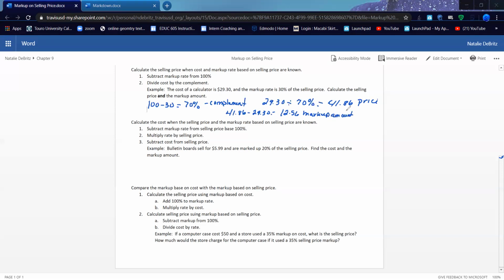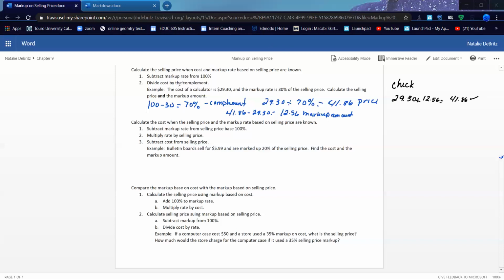And if you want to check that, you can just take the cost, which is $29.30, and add the markup, which was $12.56, and that should equal $41.86. And it does, so that's correct.